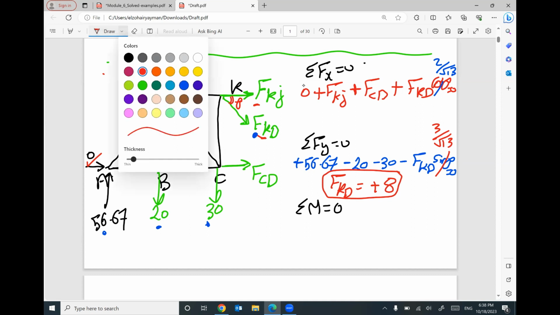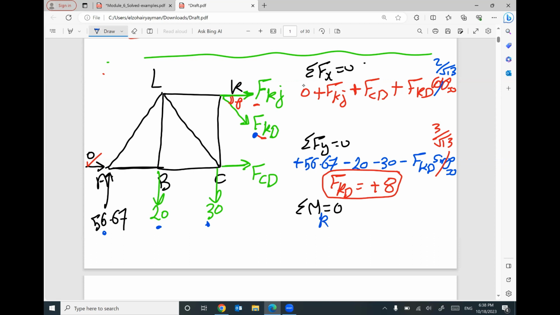Summation moment at any point equals 0. I'm gonna take moment at point K, this point. Taking a moment at this point will help you cancel this one and this one. So if you take moment at point K, this is K, and I'm gonna assume counterclockwise is my positive direction, it's up to you.